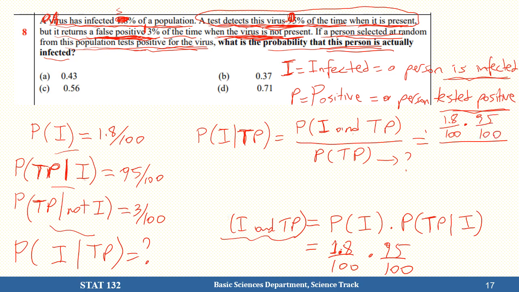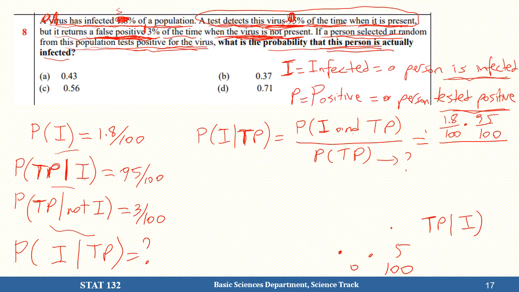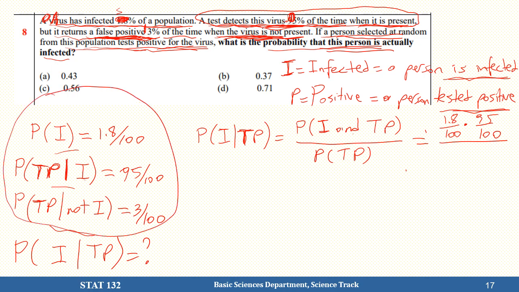Now the other thing is the probability that the person tested positive. How can we find this probability using these? I will remind you of the Bayesian rule.